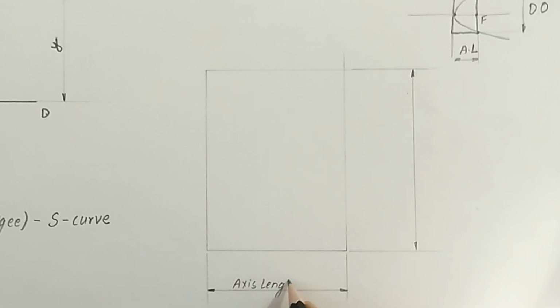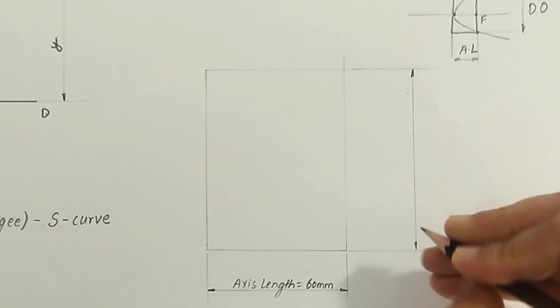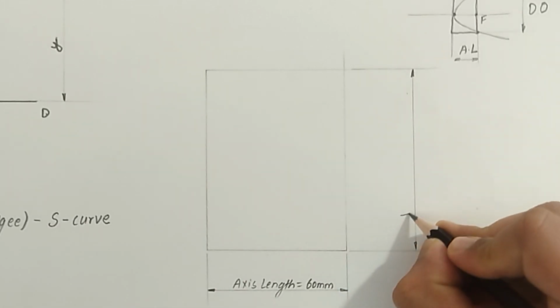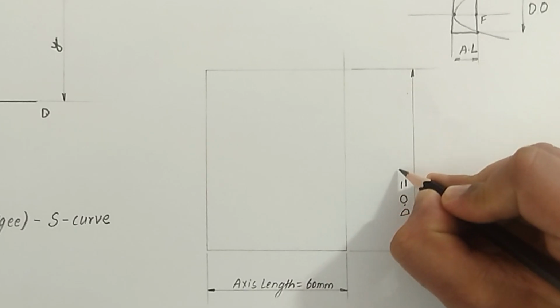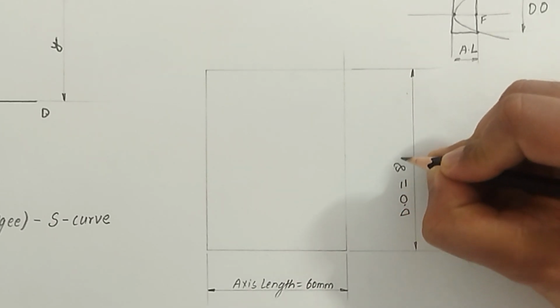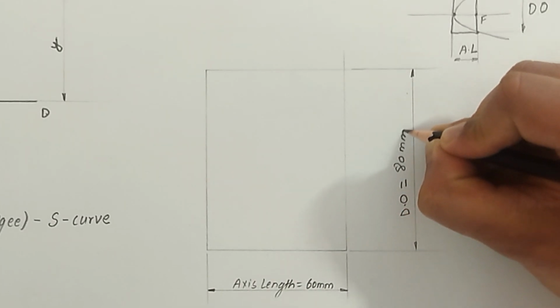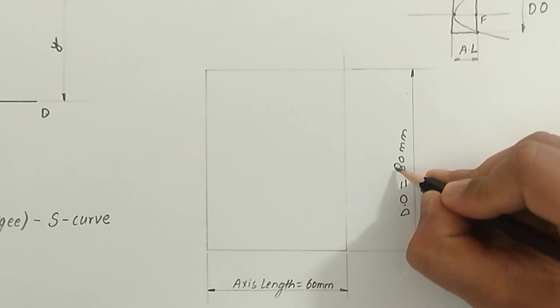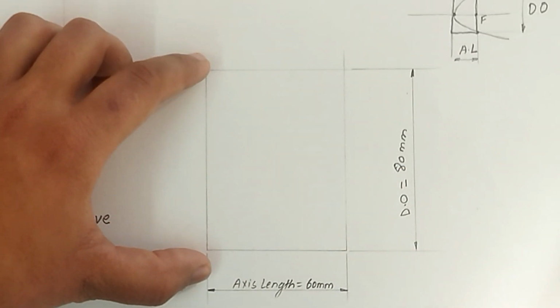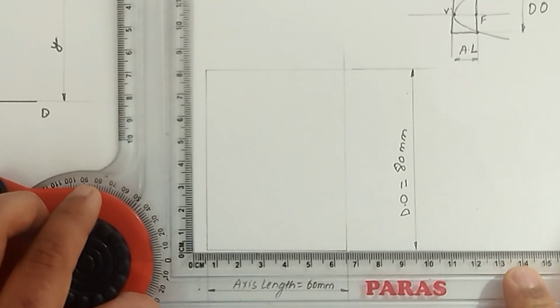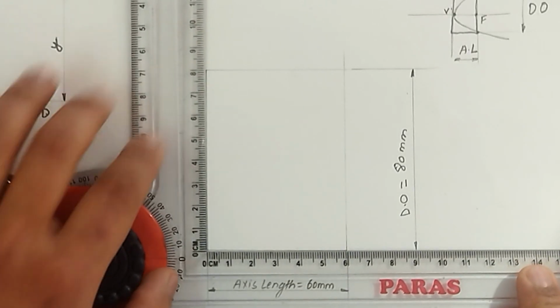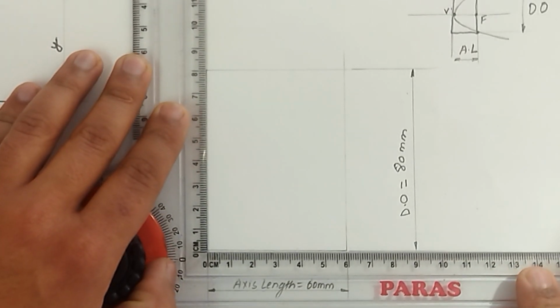Axis length 60 millimeters and double ordinate 80 millimeters. Now find a midpoint for this vertex V. So it is going to be 40 millimeters.